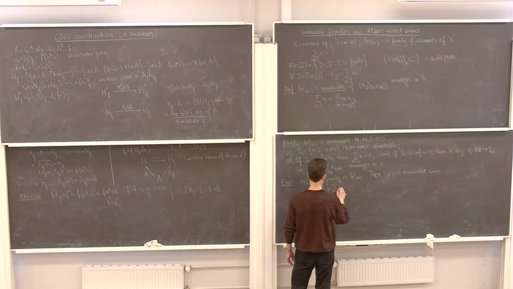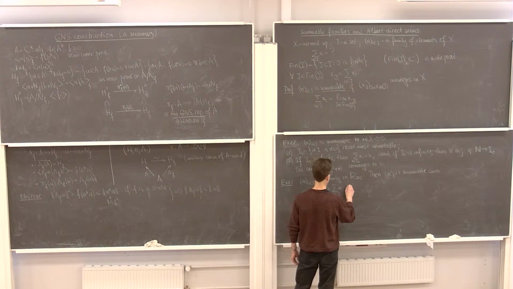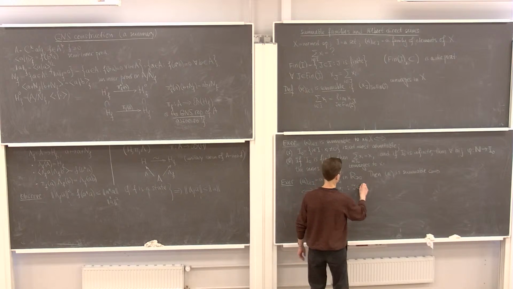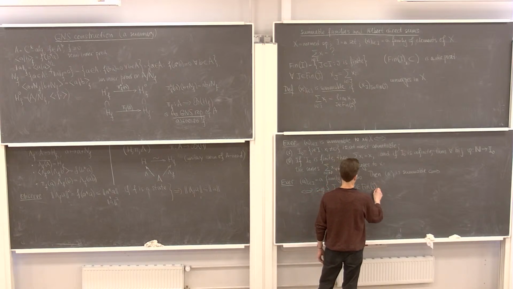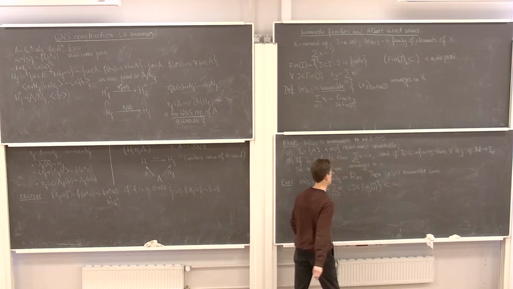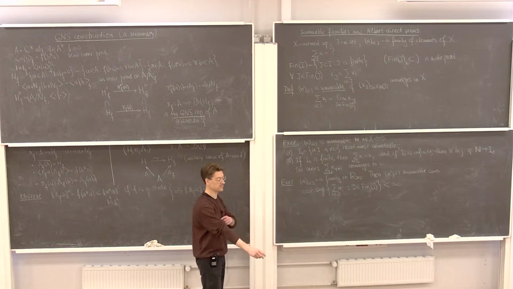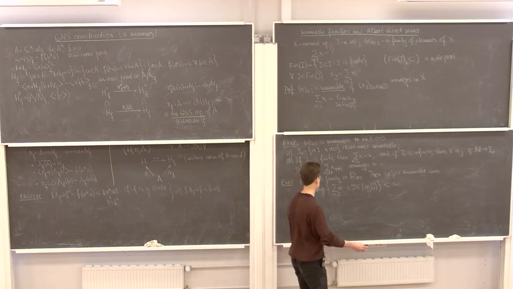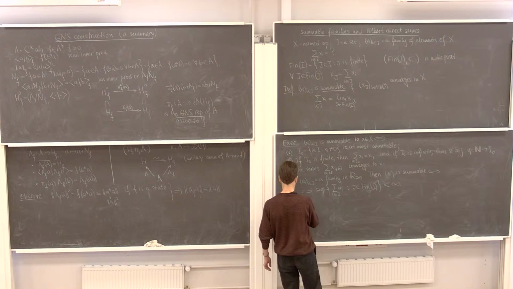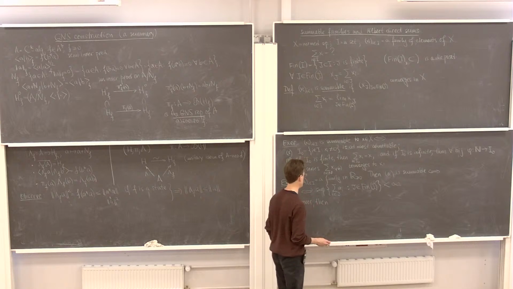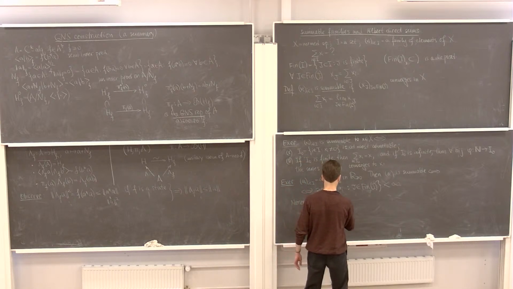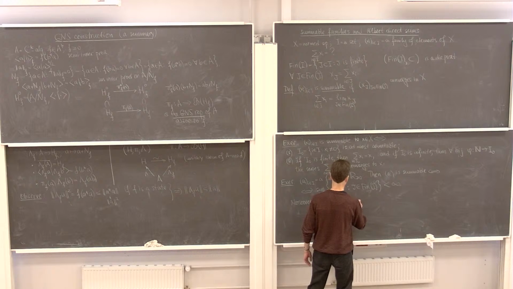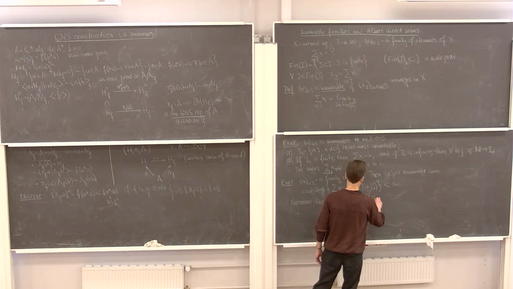Supremum of all finite sums of ai, where the supremum is taken over all finite subsets of I. If and only if the sums of arbitrary finite sums are bounded by a common constant. And moreover, in this case, the sum of our family is equal to this supremum. The supremum is just the sum of our family.